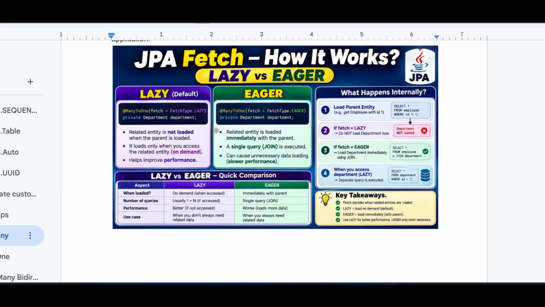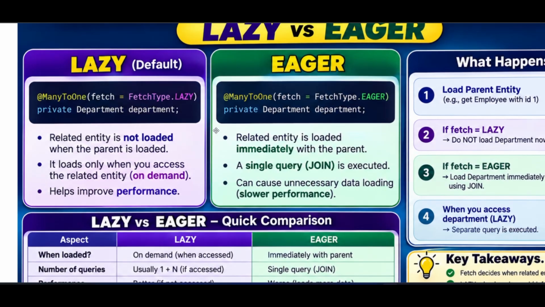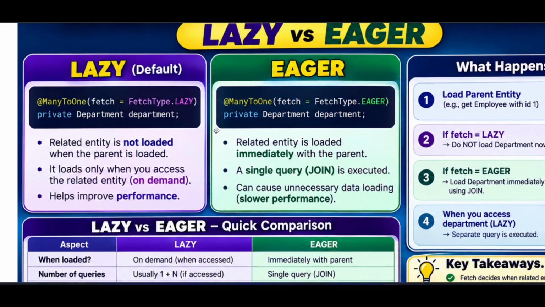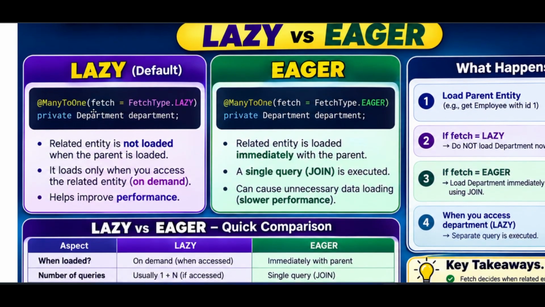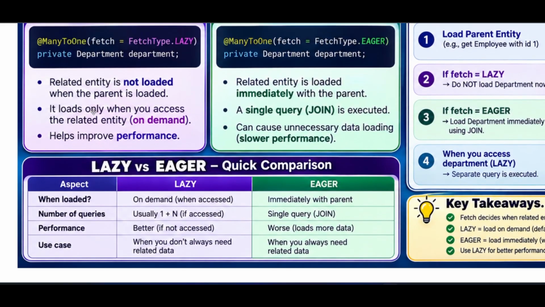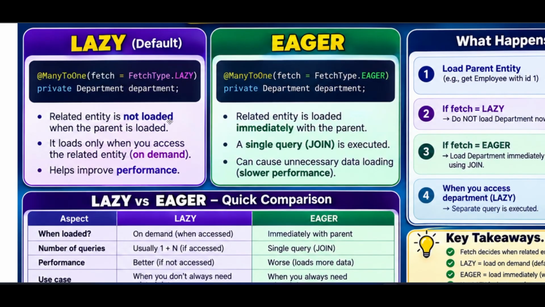Okay, what is lazy and what is eager? By default, at @OneToMany, the default type is lazy. The related entity is not loaded when the parent is loaded.